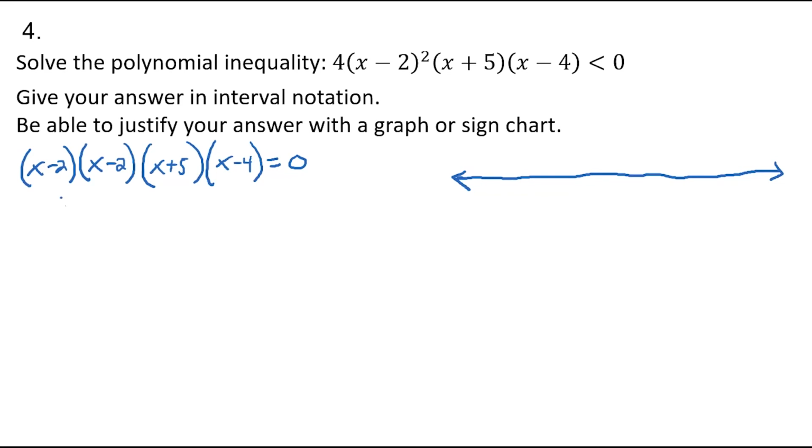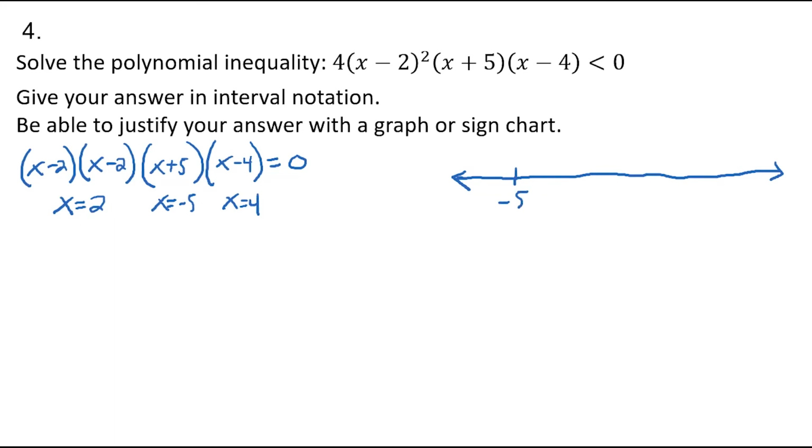So here, these first two are the same, so I have a critical point at x equals 2, then another one at x equals negative 5, and then x equals positive 4.